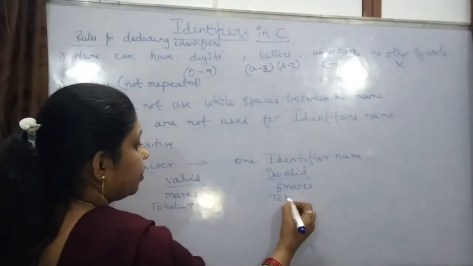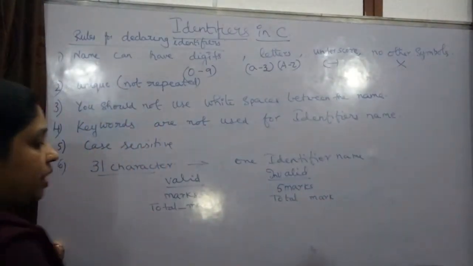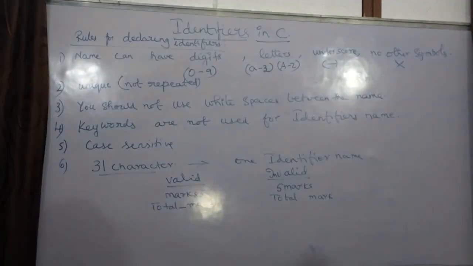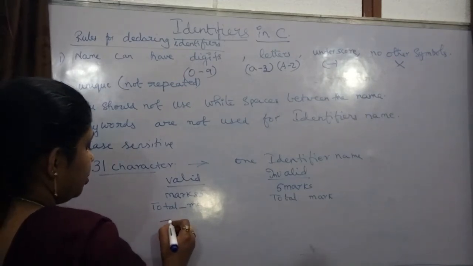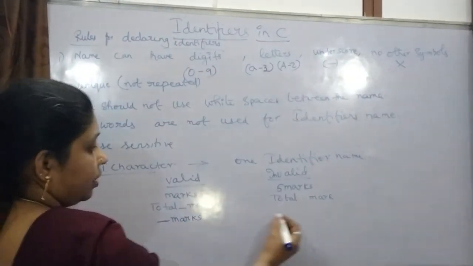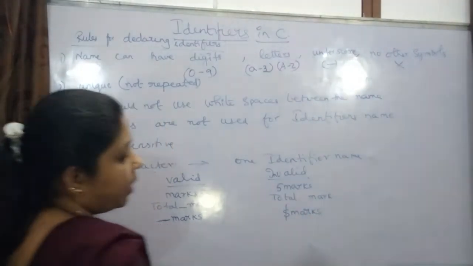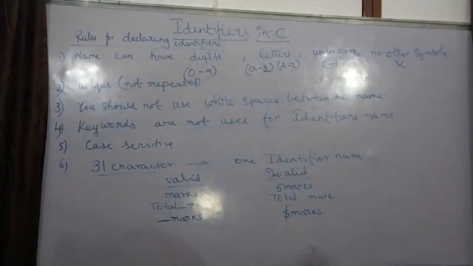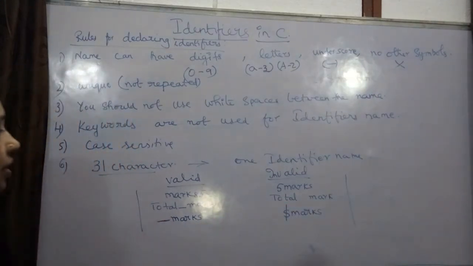If you write a total space in marks like this, it becomes invalid. I said only underscore can be used. So if you go for underscore first like this, it's valid. If you go for any other symbol like this, it's not valid. So these are the valid and these are the invalid identifier names.